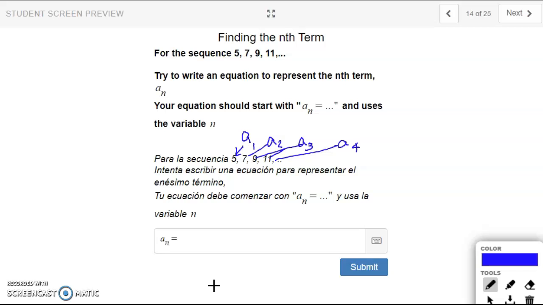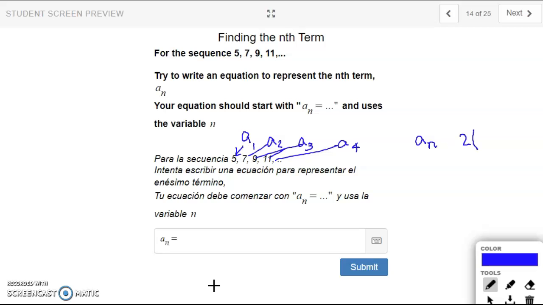To get to the fourth term, I just kept on increasing by 2. I increased 3 times to get to a sub 4. So if I was to get to a sub n, I need to increase by the common difference, which was 2. How many times did I increase?